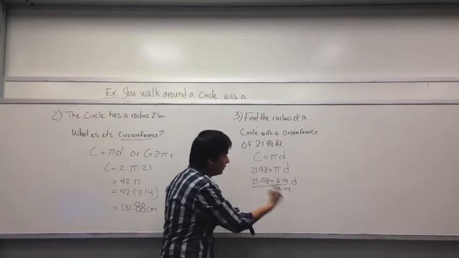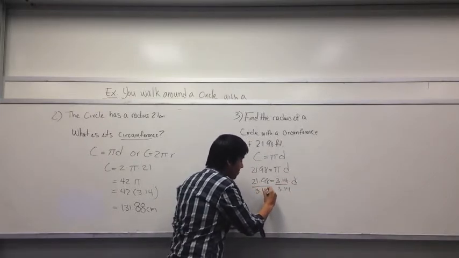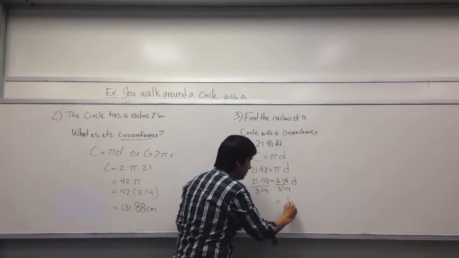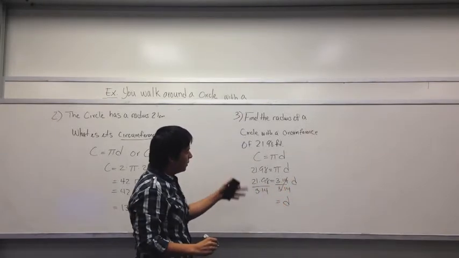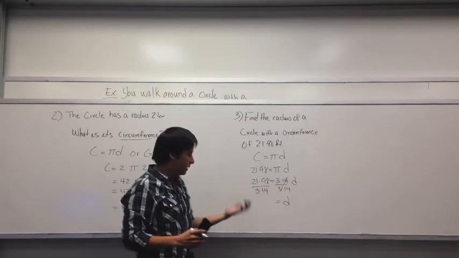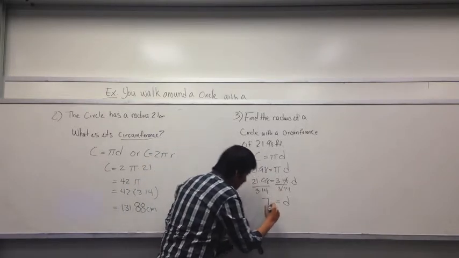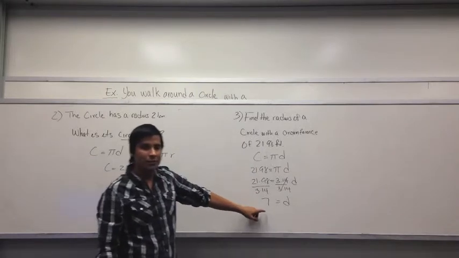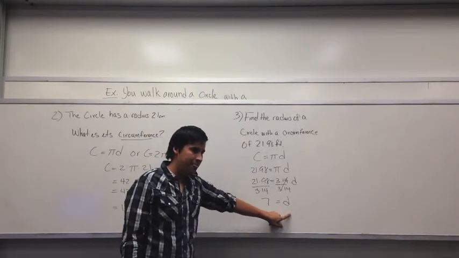When you divide one side, you have to divide the other side. This cancels, and you stay with D alone. 21.98 divided by 3.14, if you do it in a calculator or by hand, you get 7. So we know that our diameter is 7.